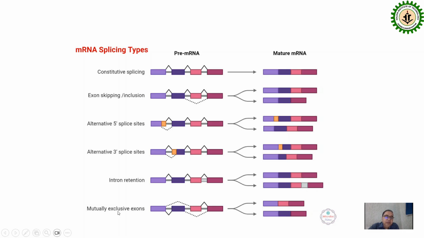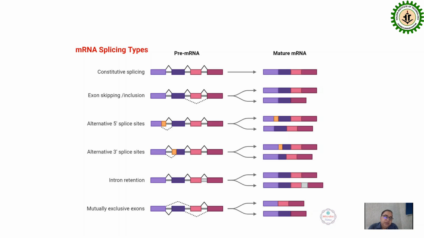Or mutually exclusive exons. You can see here after 1 there is 3 and 5, or sometimes they change the position. So there are lots of permutation combinations possible, and nowadays we use NGS, next generation sequencing analysis.